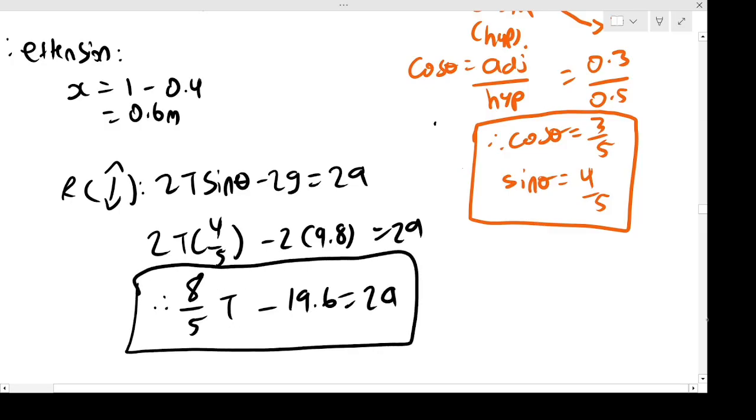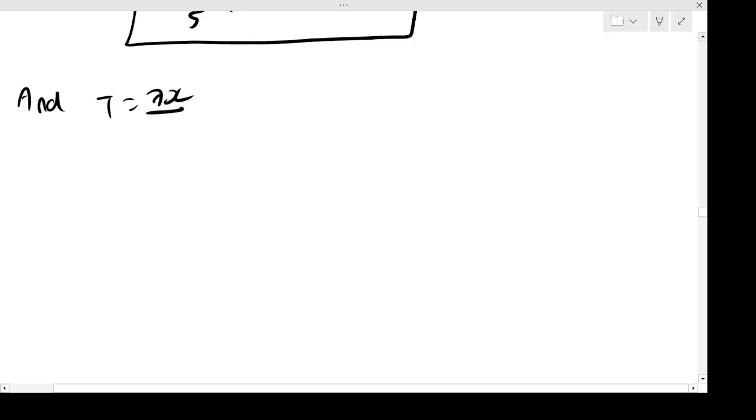Now, I want to find the acceleration, but in order to do that, clearly I'm going to need to find T. Well, I can use Hooke's law for that, can't I? So I also know that T is lambda x over L. There are 2 ways you can do this.